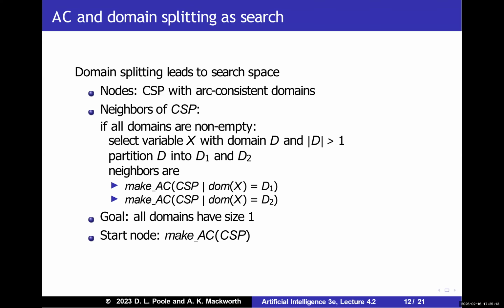If at least one domain still contains multiple values, we select a variable and partition its domain. Each partition becomes a new branch of the search, and we apply ARC consistency again. The starting point is the original problem after initial pruning, and a goal state is one in which every domain contains exactly one value. This combines reduction with structured exploration.